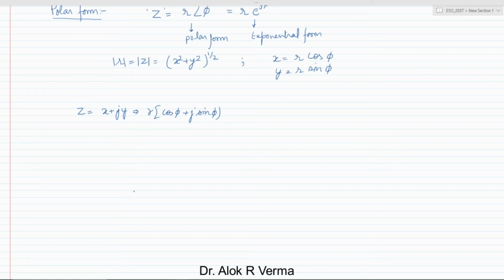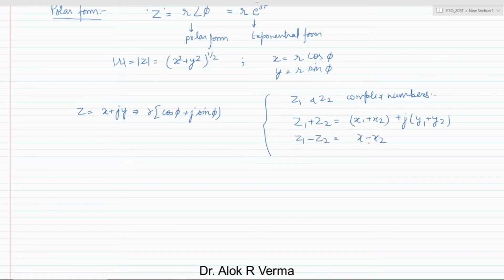Recalling some properties: z1 plus z2, if z1 and z2 are two complex numbers, then z1 plus z2 is nothing but the real components added together, and if you want z1 minus z2, then we have real component subtraction plus imaginary component subtraction.